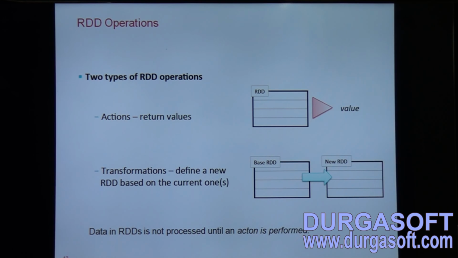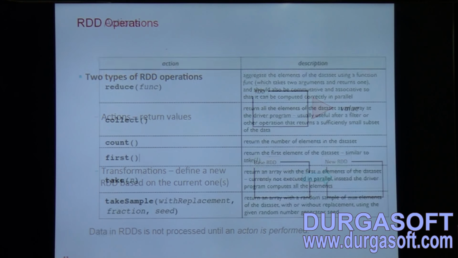If we are getting a value or result out of an RDD, that is an action. If we are creating a new RDD from the existing RDD, that is a transformation. An important point is that data in an RDD is not processed until an action is performed.